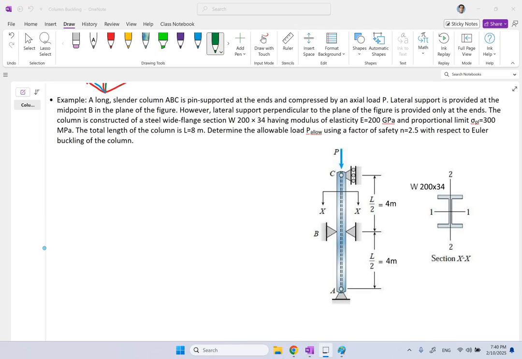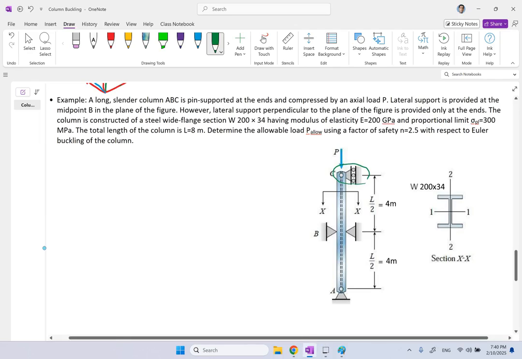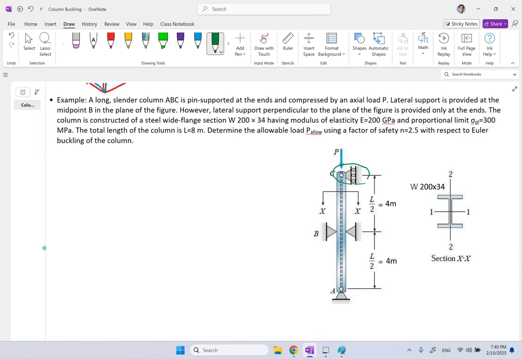Now here, let's look at one example. Here we have a slender bar ABC, supported at the end. It's a double pivot, and the roller is just to allow the motion, and the whole length is 8 meters.